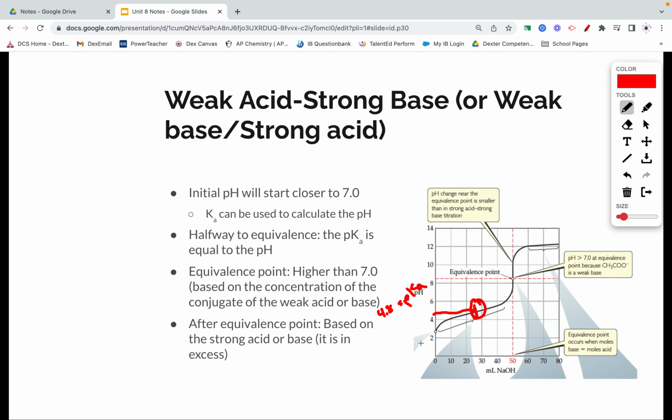And you can obviously determine that mathematically, or in this case, you can give an estimate. So it's going to be based on the concentration of the conjugate of the weak acid or base. So if our weak acid is hydrofluoric, like we saw in the previous, it is going to be based upon our conjugate base, okay?